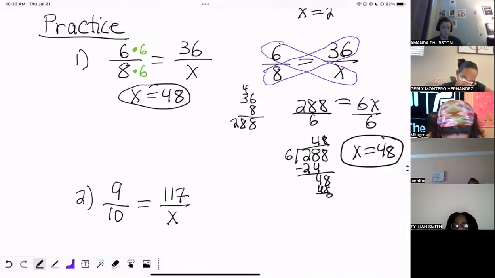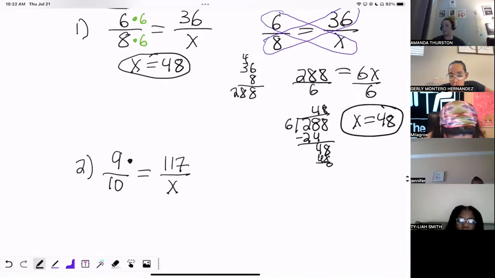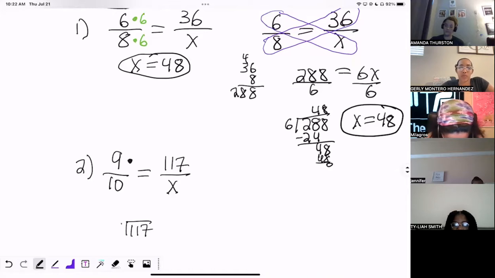So why can't we do it the first way? Well, because as much as you'll try, there is nothing you can multiply 9 by to equal 117. At least I don't think so. Oh, maybe there is. I think I'm wrong. Because there is, I just thought about it. Never mind, I take it back. Okay, 117 divided by 9.